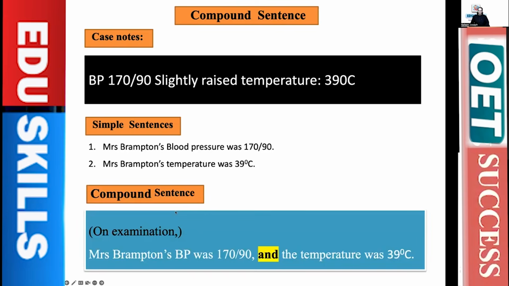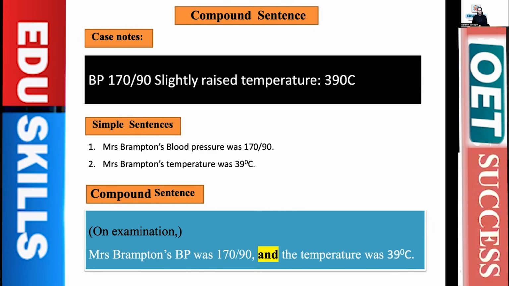How to make a compound sentence from these? So this 'on examination' is the introductory phrase, which we do not require here. I just put it in brackets. We'll write: Mrs. Brampton's BP was 170 on 90 and the temperature was 39 degrees. We have just added the conjunction 'and' here. So you have a compound sentence.